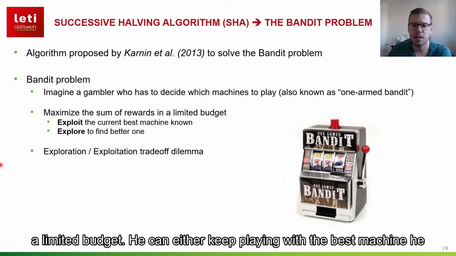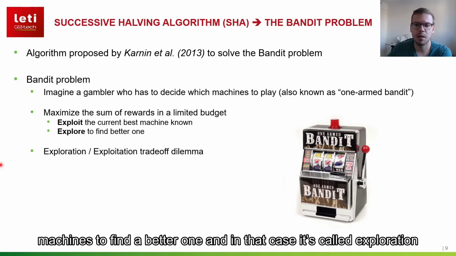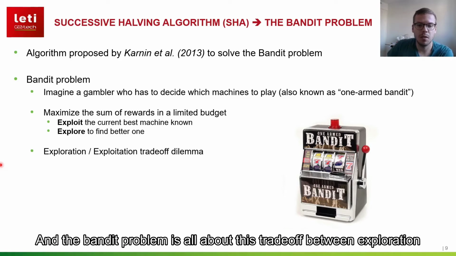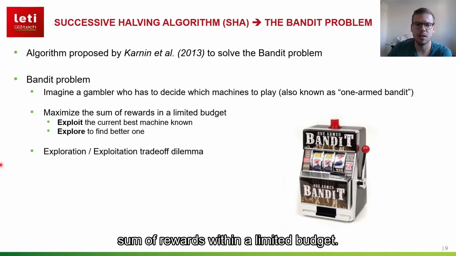He can either keep playing with the best machine he knows, in which case it's called exploitation, or he can try different machines to find a better one, in which case it's called exploration. And the bandit problem is all about this trade-off between exploration and exploitation in order to maximize the sum of rewards within a limited budget.